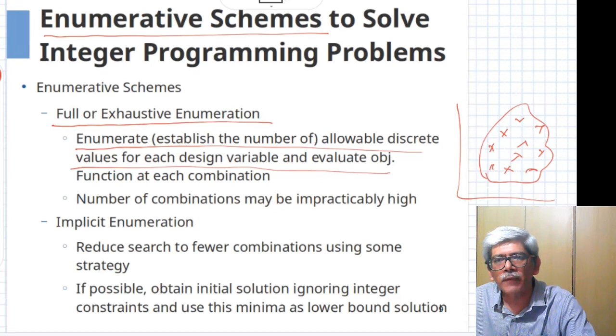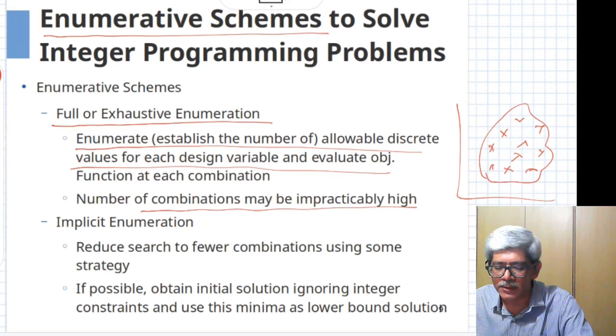You list them all down, find the function value at all the points, and then find the minimum out of these. So this could be one solution. Obviously, it can be computationally very demanding, and that is why it cannot be used except for simple or small size problems with a small number of variables.